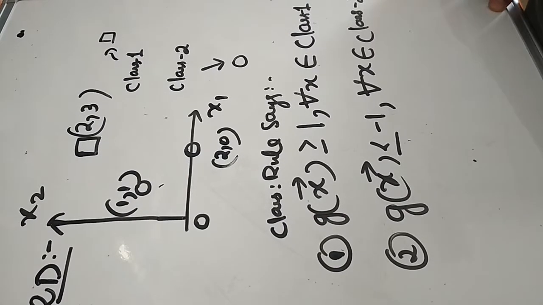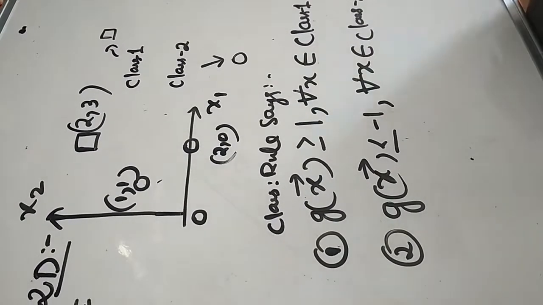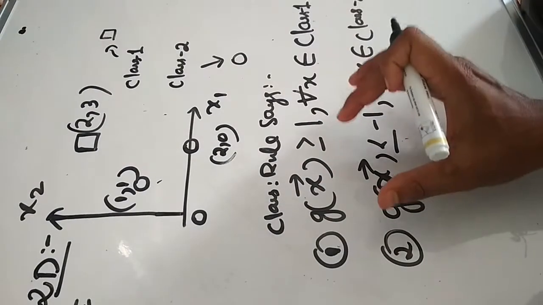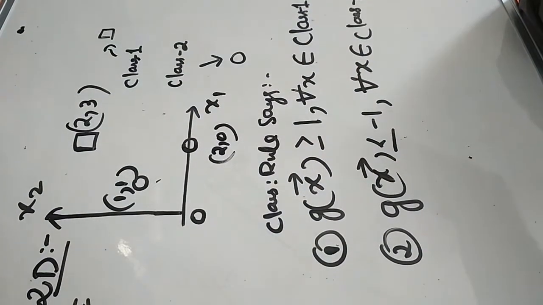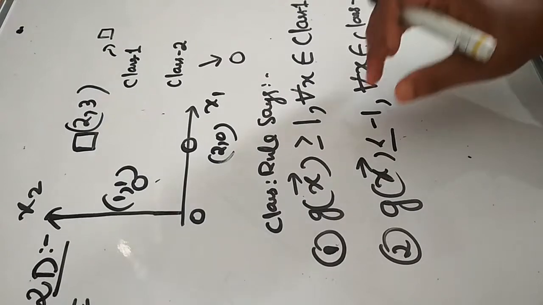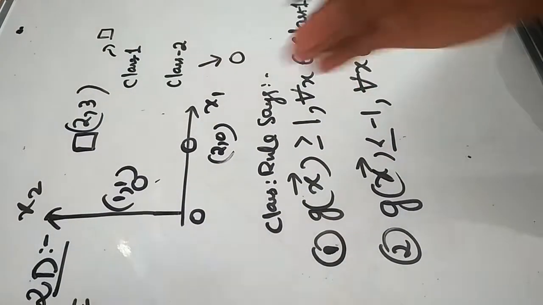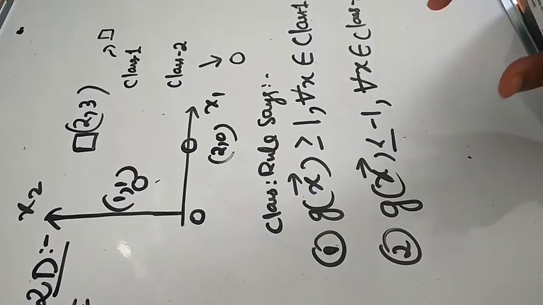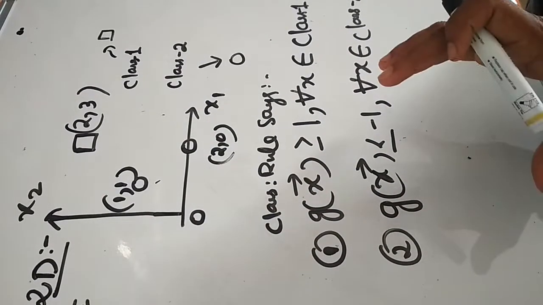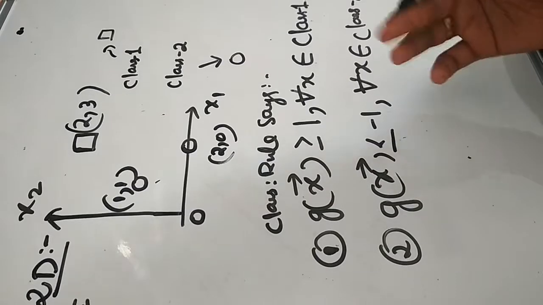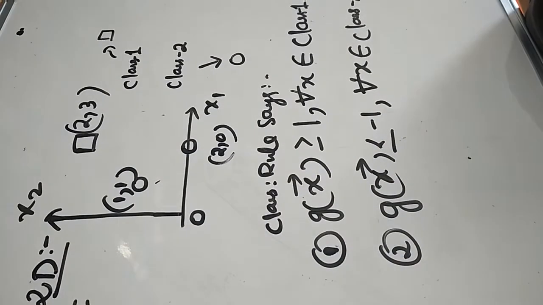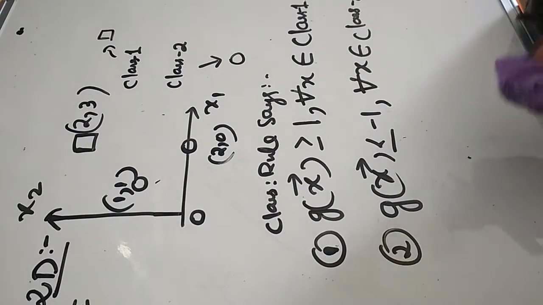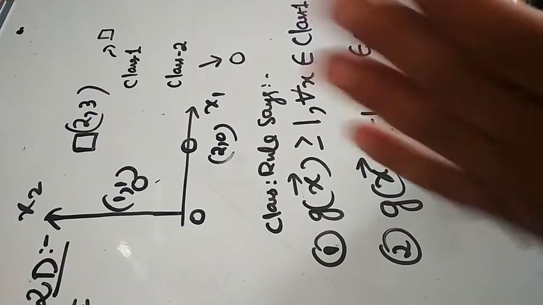So here we can see that this is the equation for this part. For this part we will take g(x) equal to 1, for this part g(x) equal to minus 1, class 2. So this is the rule only. So this is a rule by the equation of a hyperplane. So finally we will add these equations to find the line between them.